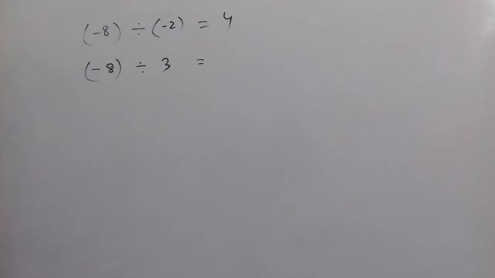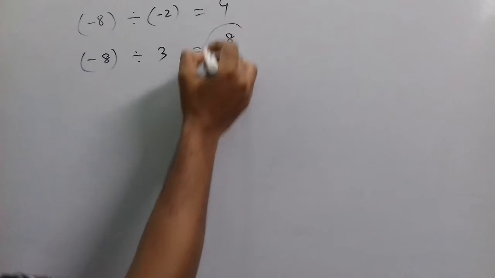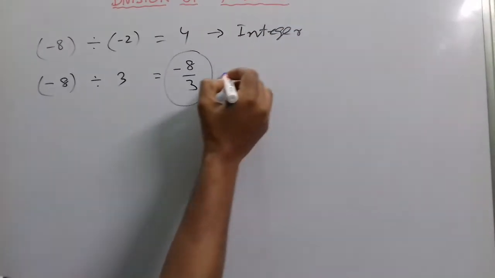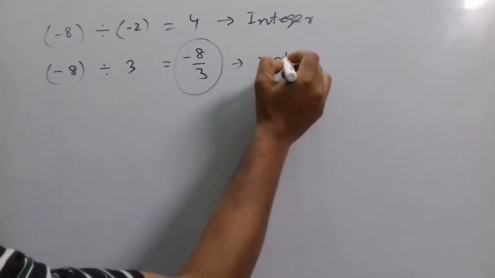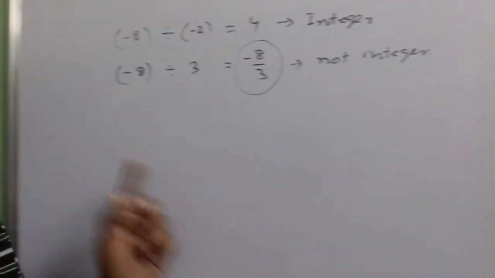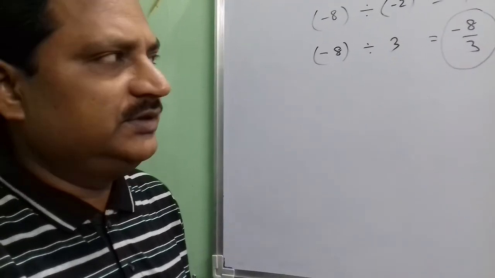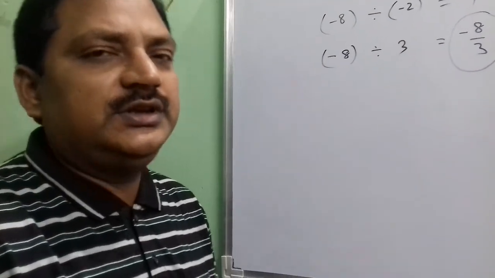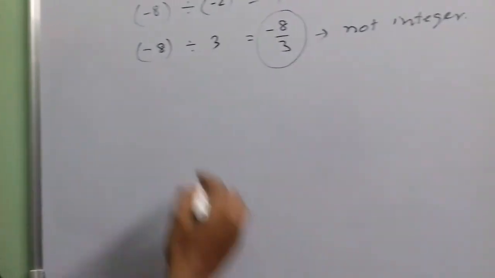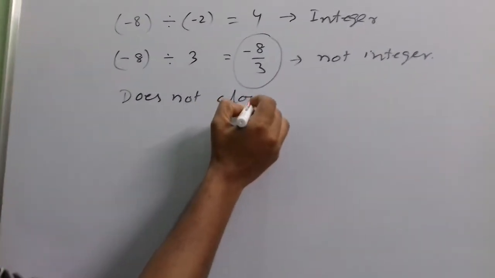Will it give you an integer? It is minus 8 by 3, and it is not an integer. So here we got an integer, but here we did not get any integer. That means when we divide one integer by another integer, it is not necessary that we shall get an integer. That means division of integers does not follow closure property.